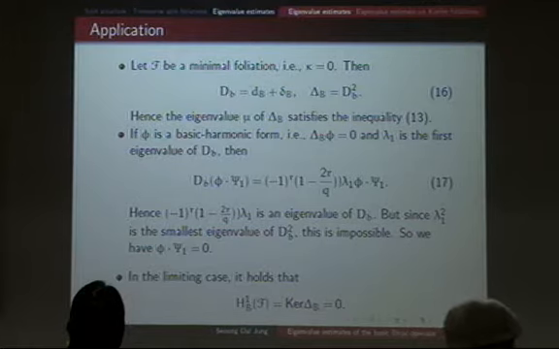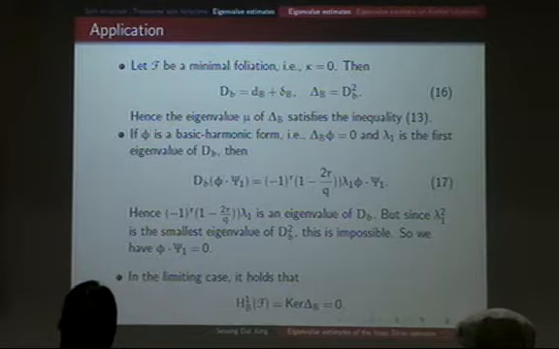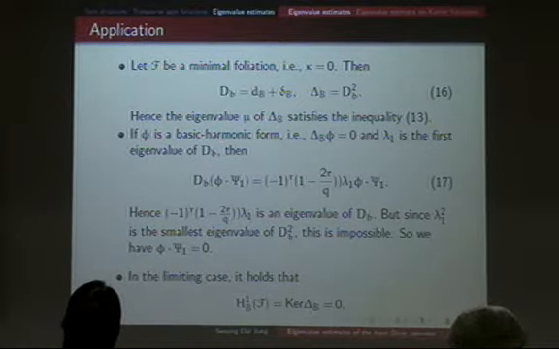So, if F is minimal, then the basic Dirac operator is just the differential operator and co-differential. And so, delta B, the basic Laplacian, is equal to D_V squared. So P is a basic harmonic form. Also, the differential and co-differential are defined on basic forms, so I did not show that here.